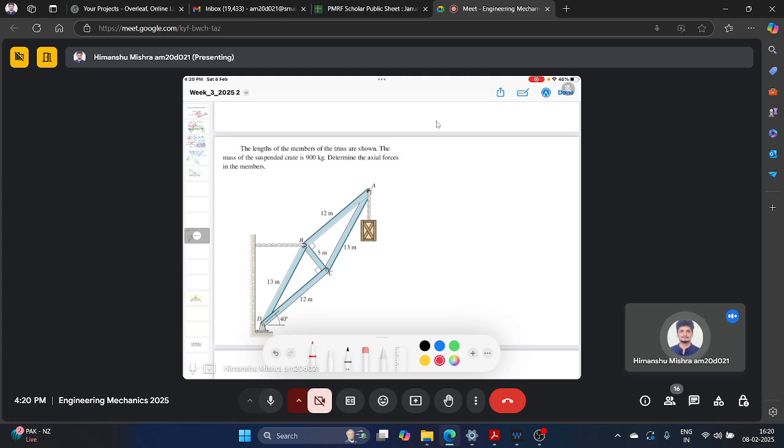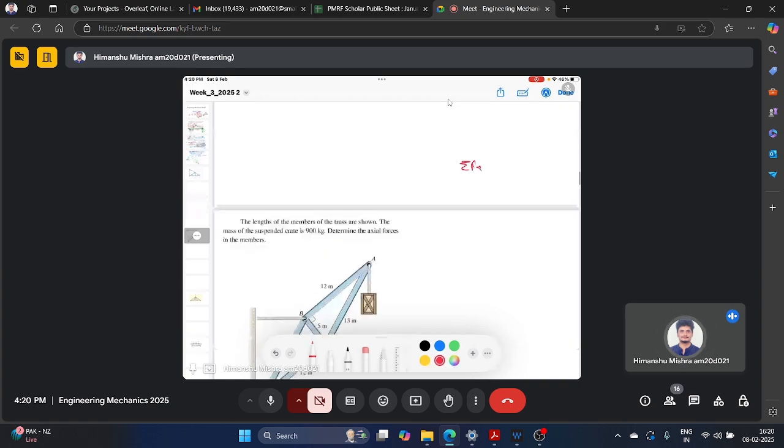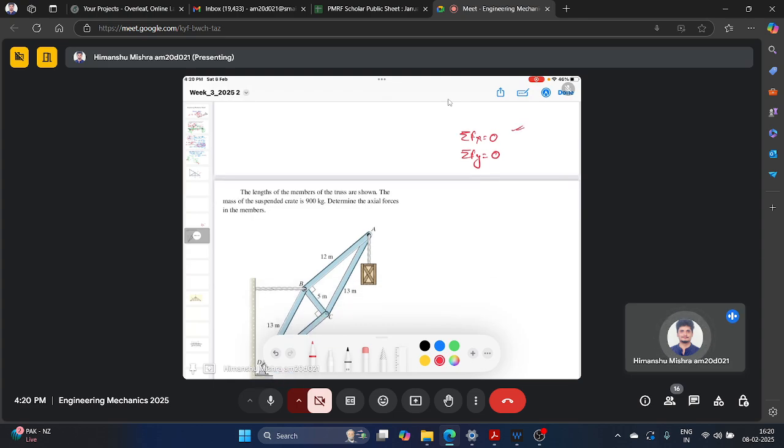We will select each joint, draw the free body diagram at each joint, and then use the equilibrium equations, which are summation of force in x direction and summation of force in y direction, at each joint, as we have done in the last two questions.